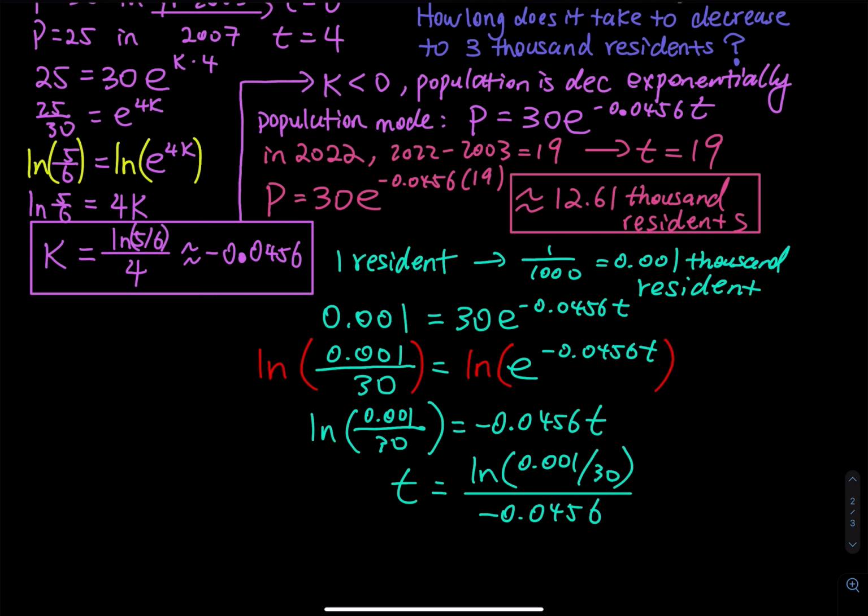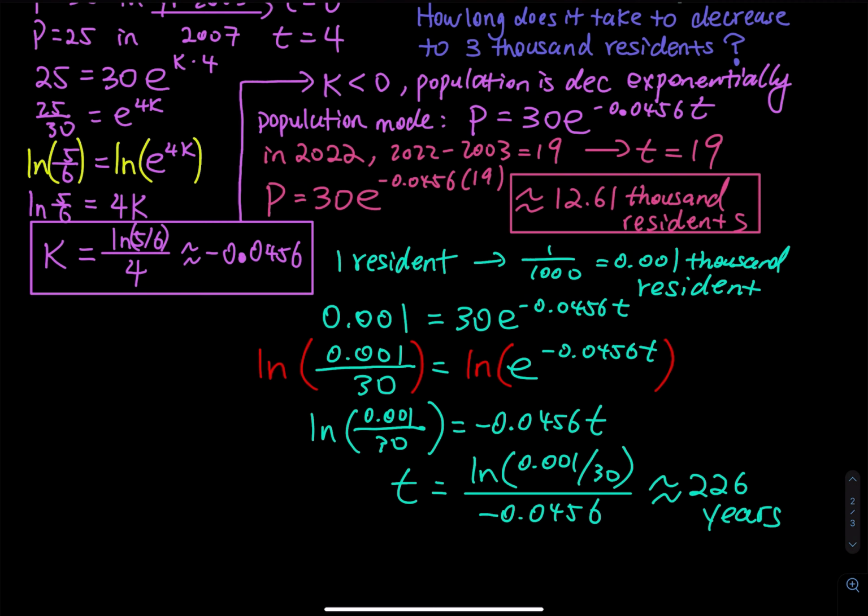And then approximate that, use your calculator. Let's approximate that to the nearest integer. So this is approximately 226 years. It takes that many years to reach one resident. Remember, the population is decreasing starting from 30,000 residents in this city.